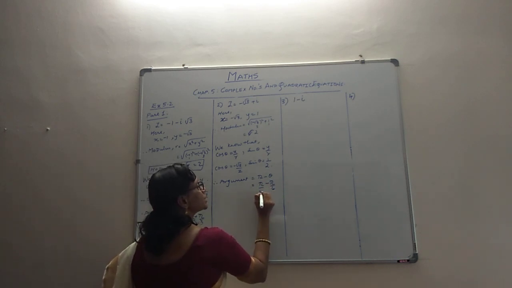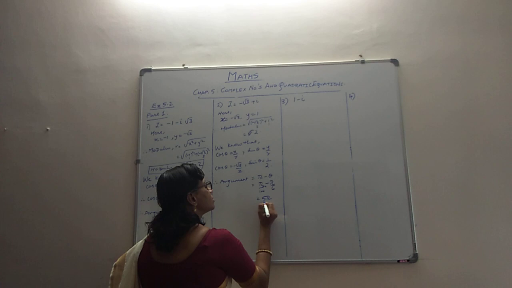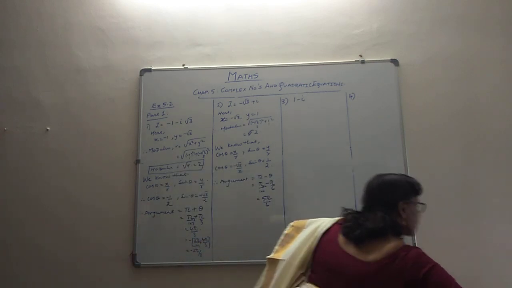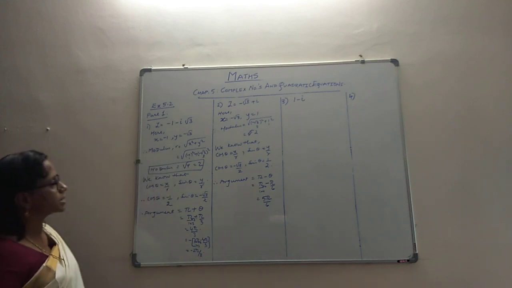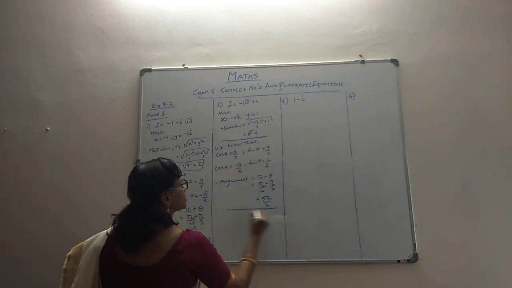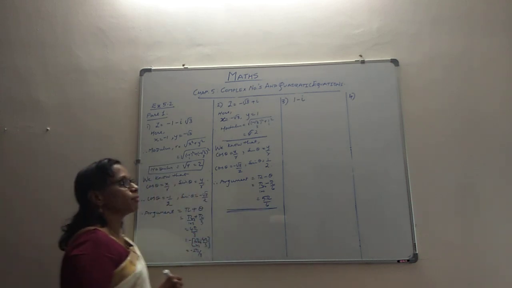So pi minus pi by 6, which is 5 pi by 6. So that is your argument. The modulus will come as 2, and the argument will come as 5 pi by 6. That's about our problem number 2.